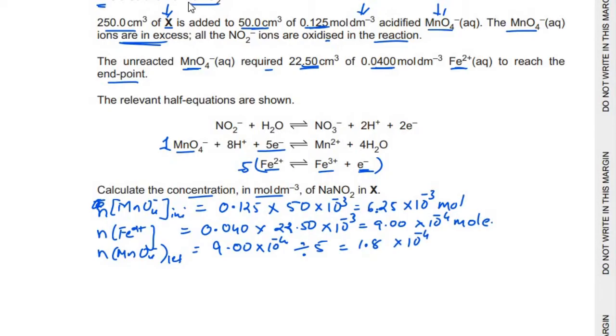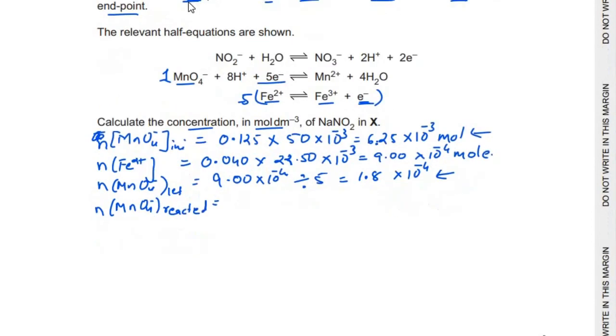So what we need to find out now is how many moles of manganate had reacted. For that we need to subtract the initial moles and the leftover moles. So we subtract these two values, that is 6.25 into 10 power minus 3 minus 1.8 into 10 power minus 4.